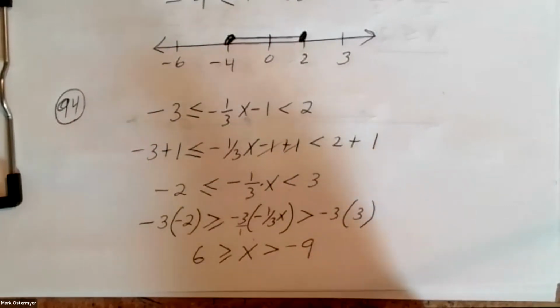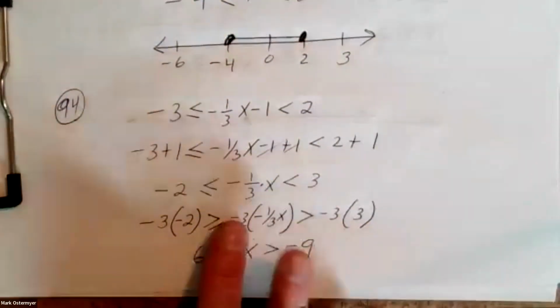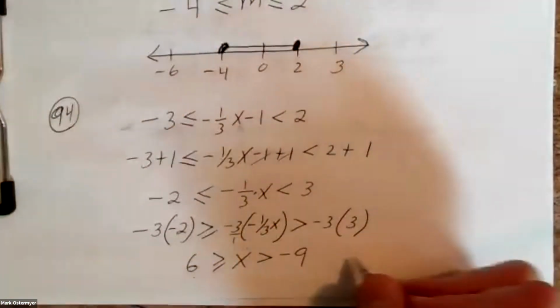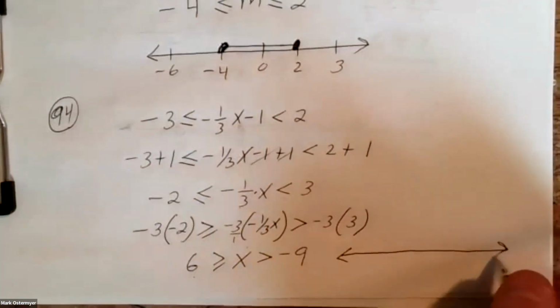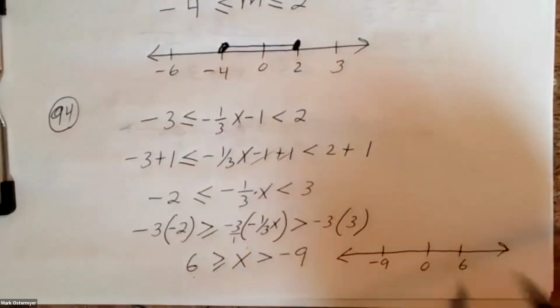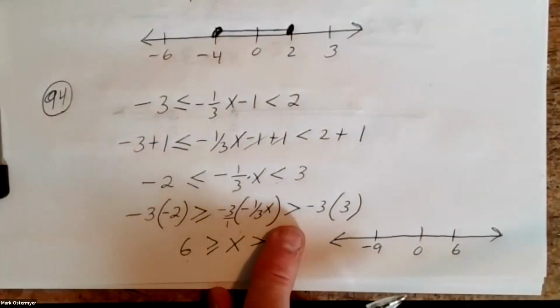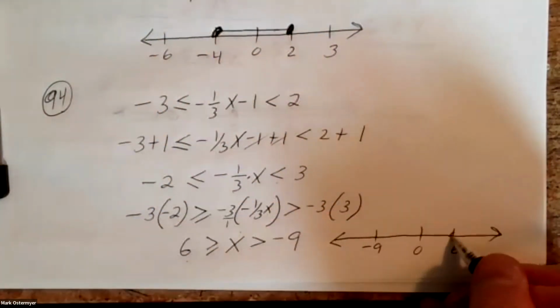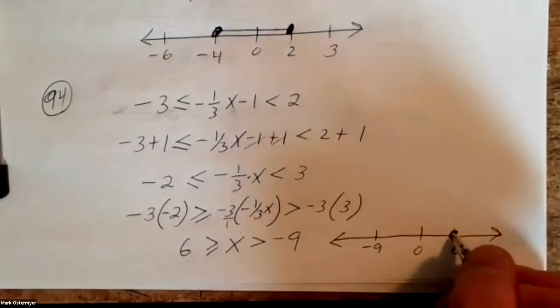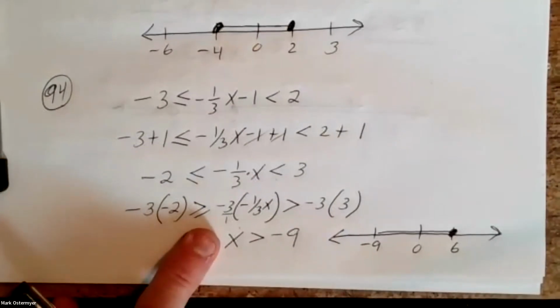So how do we graph all real numbers that are less than or equal to 6 and at the same time greater than -9? Well, we put our number line down, put 0, put -9 to the left, put 6 to the right. Our solutions have to be less than or equal to 6, meaning we have a closed circle on 6 and we go down to, but our solution at the same time has to be greater than -9.